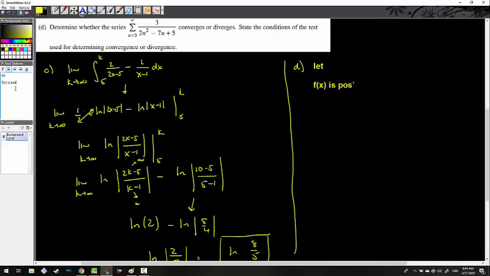F of x is positive, continuous, and decreasing for all x greater than or equal to 5. And then from here, you can initiate your integral test.